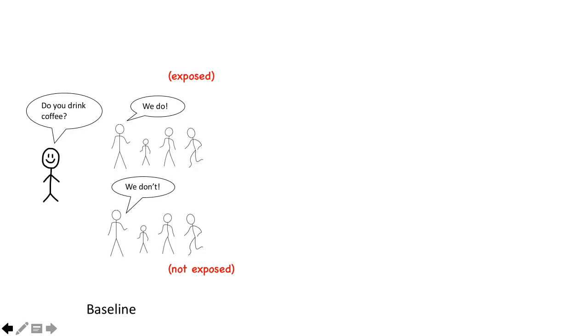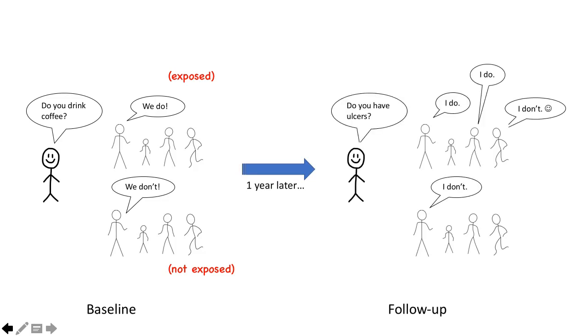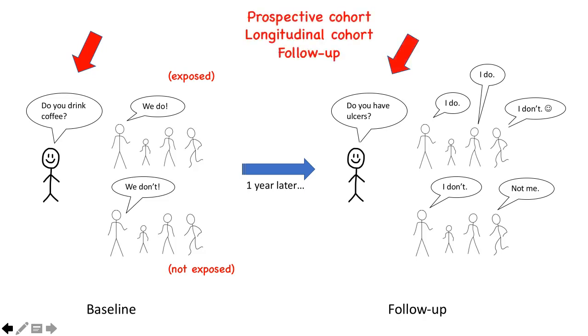The participants must not have stomach ulcers at baseline to be in the study, because then you'll follow them forward in time, prospectively, and say, a year later, see which, if any of them, developed stomach ulcers. So in this kind of study, exposure information is collected first, and outcome information is collected later. This study design has a few names: prospective cohort, longitudinal cohort, or simply follow-up.